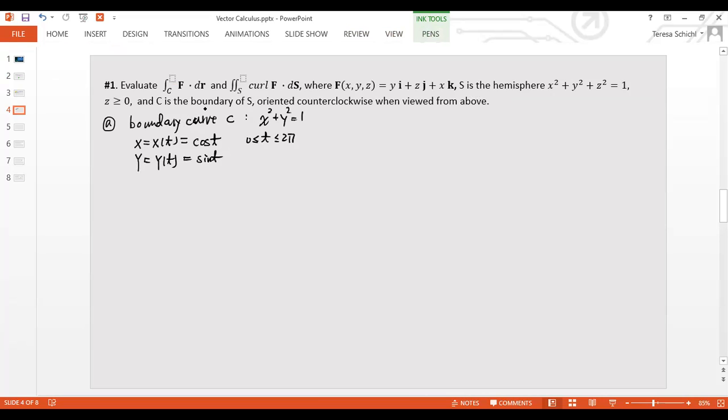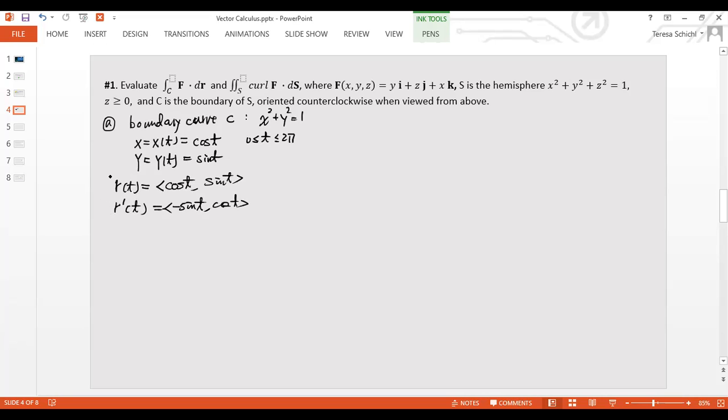So I parameterize this path. Now r(t) is equal to cosine t, sine t, and just like we did before, r prime of t is negative sine t, cosine t.